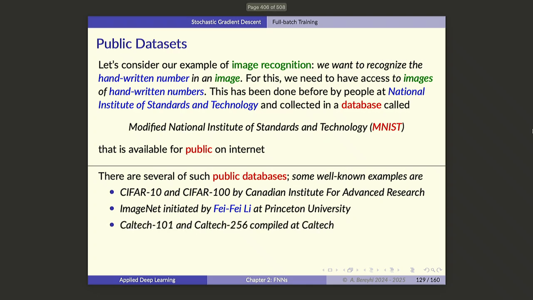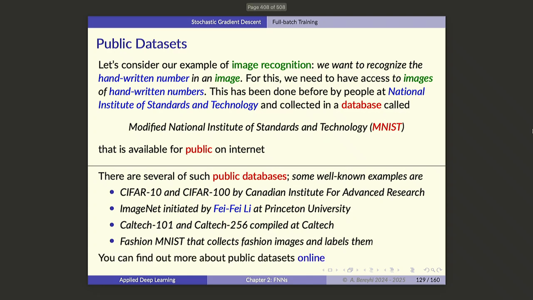Or we have the data sets Caltech 101, Caltech 256, and then Fashion MNIST is a newer version of MNIST, where you again have small dimension images, but instead of handwritten digits, they are fashion. They are different clothings, okay? And they are all labeled.